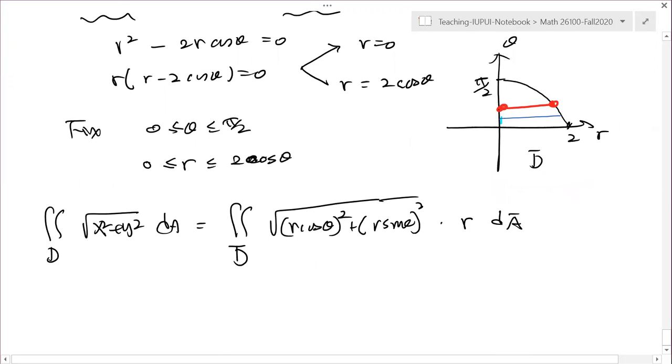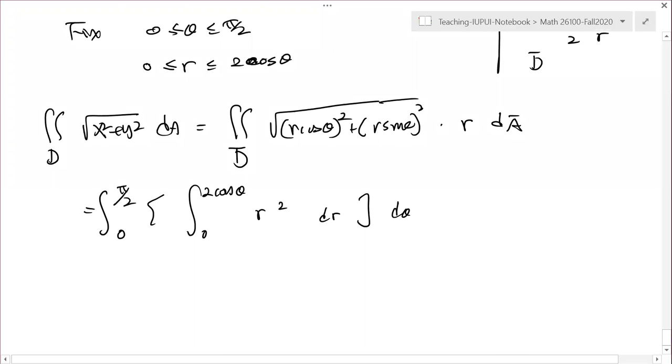Now we have to use theta outside, and for each theta, r is from 0 to 2 cosine theta, and here's r squared times r, so r squared dr. So now I get the antiderivative, from 0 to 2 cosine theta.